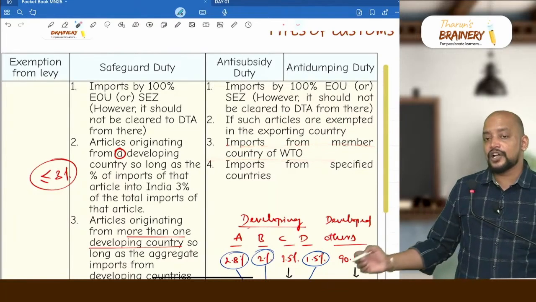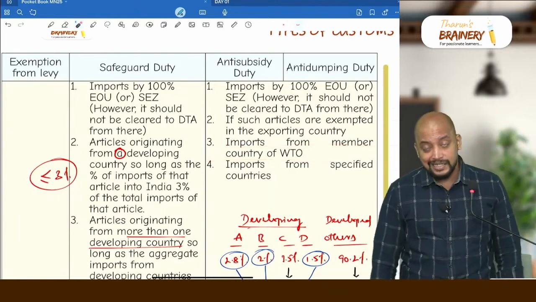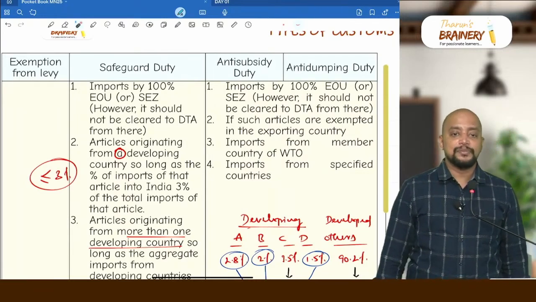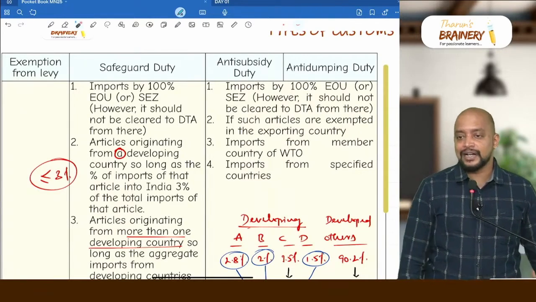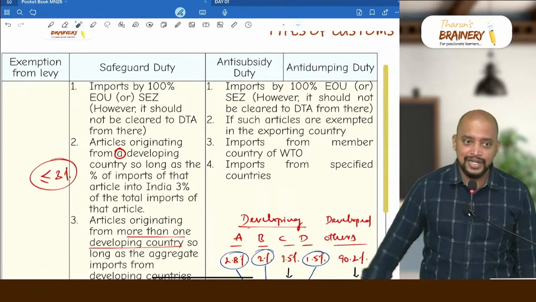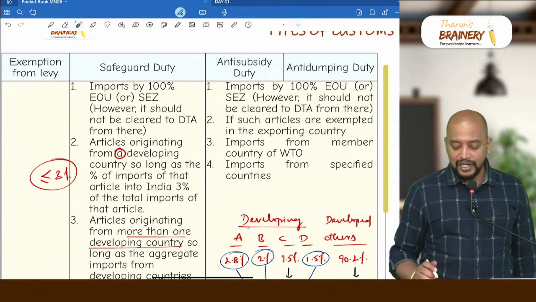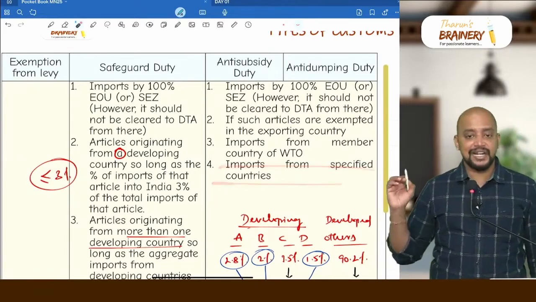Imports from member country of WTO. Unless it needs to be levied, prima facie it cannot be levied. Because they are member countries, unless there is a serious injury, and that is only after carrying out investigation, they can levy; otherwise they should not levy. Import from specified countries, okay.